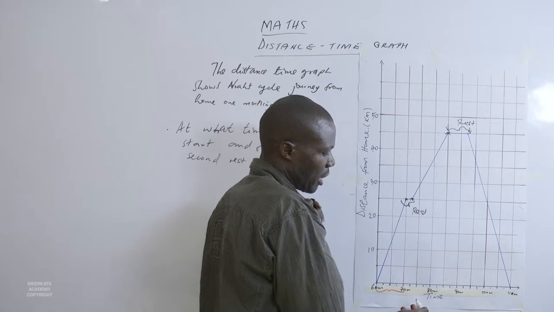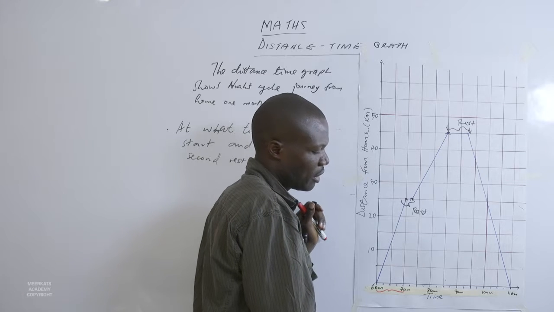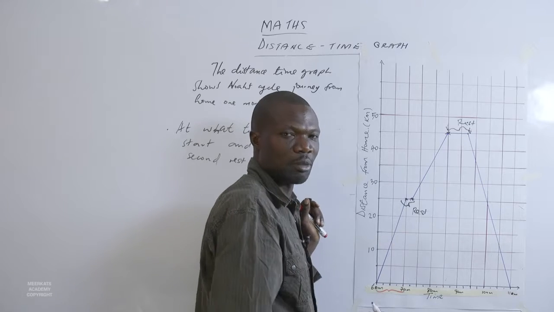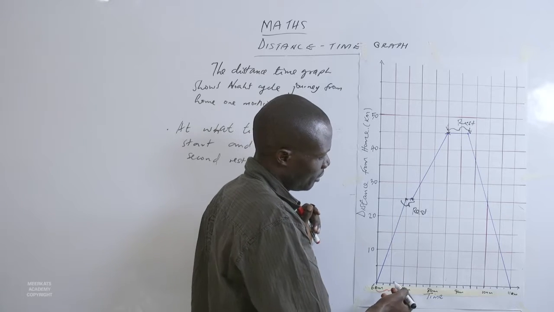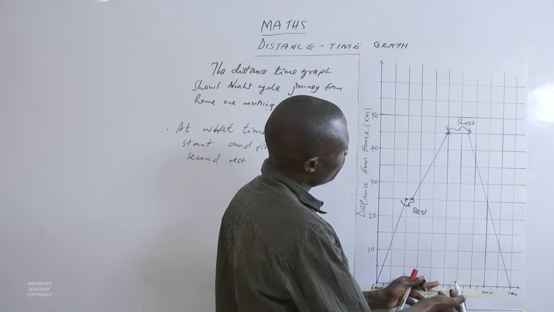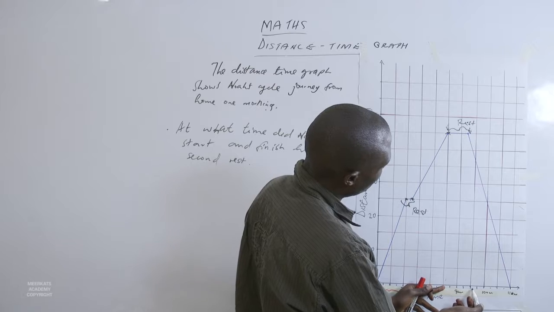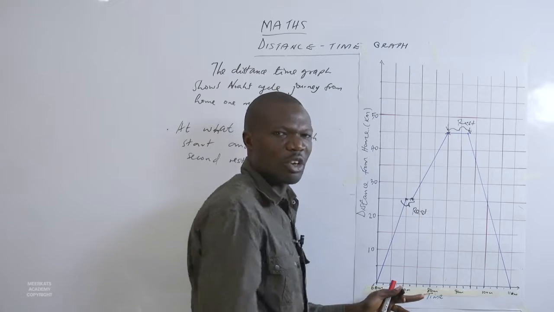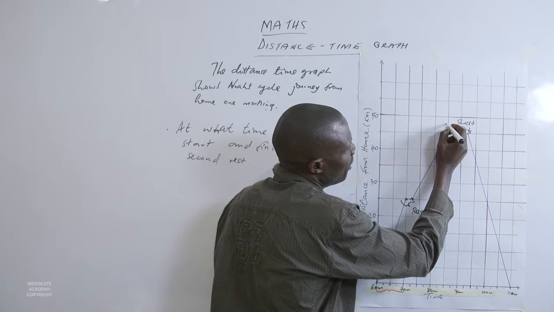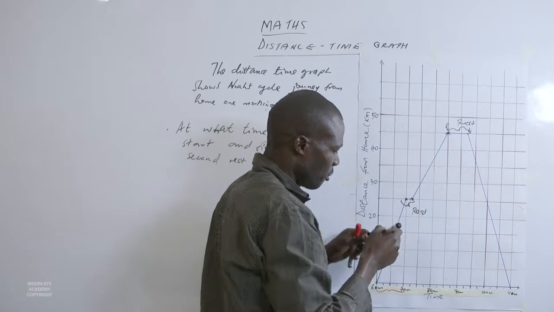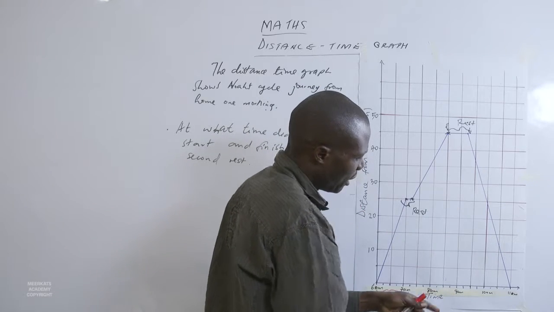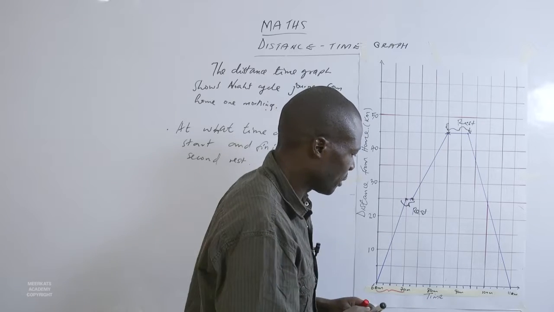It is between 8 and 10. So then we go for the exact value. Let me call this point P. If you follow it, you'll come down all the way until you find the starting time, 8:30.